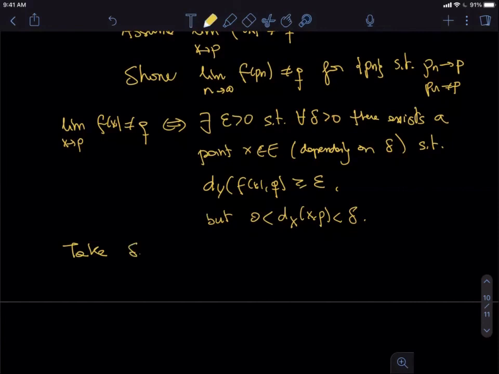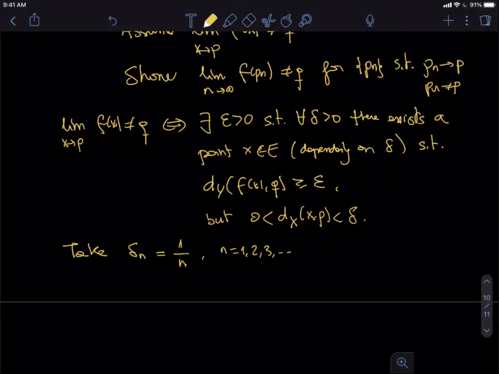So take delta n equal to, let's go with the easy ones, 1 over n, n equal to 1, 2, 3, and so on.